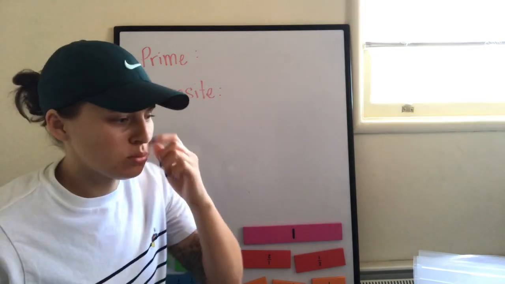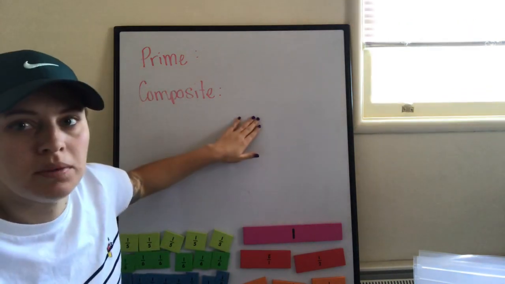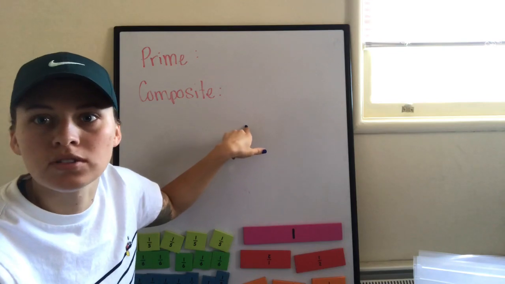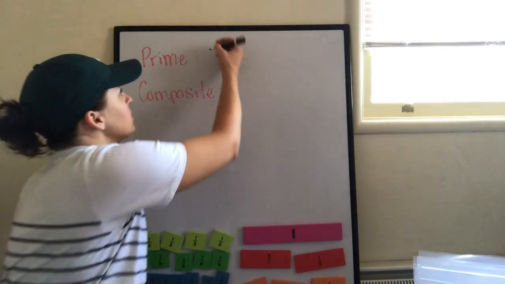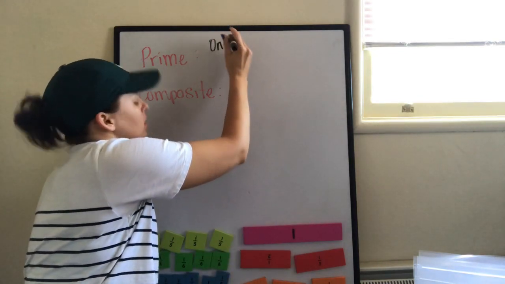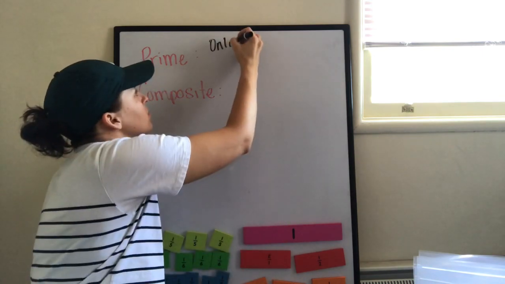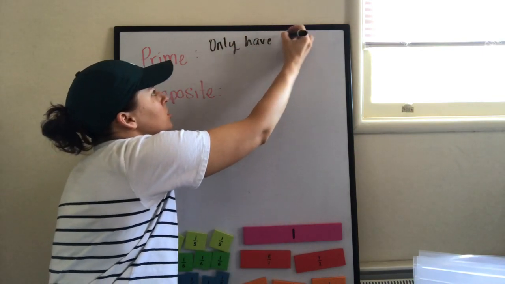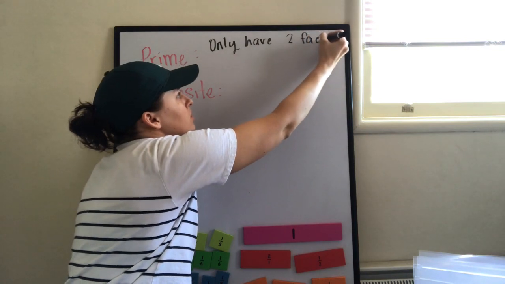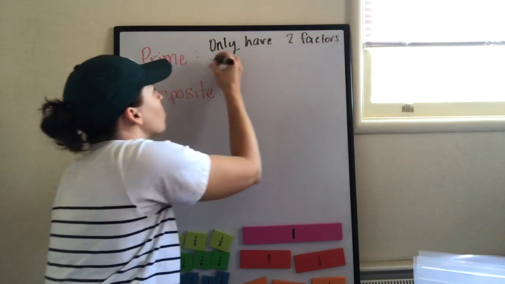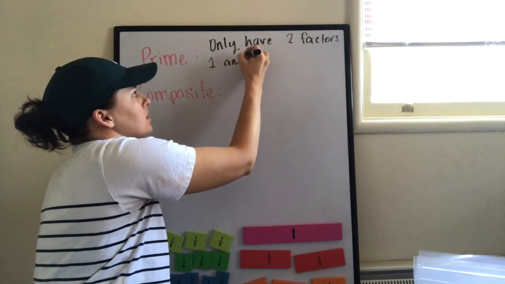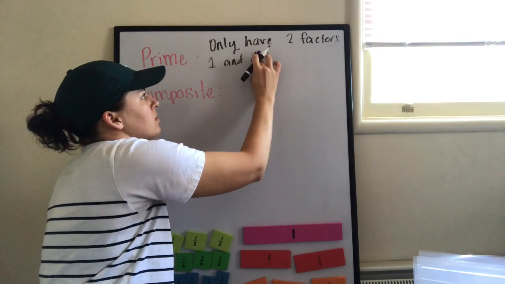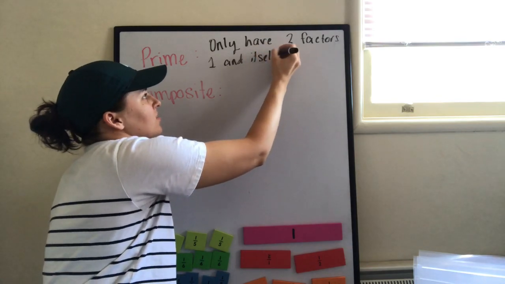Just 2 more days of me reviewing math with you, and today I wanted to go over a couple key terms that we've talked about in the past: prime and composite numbers. Remember, prime numbers only have 2 factors, 1 and itself.